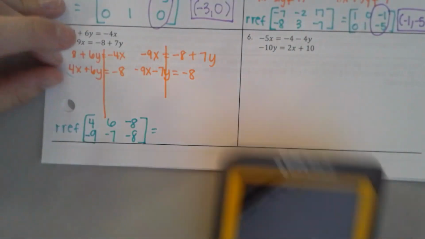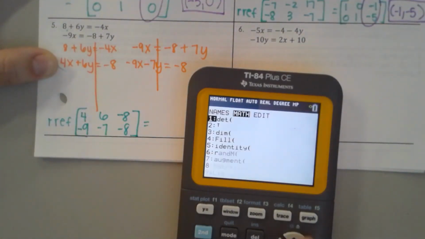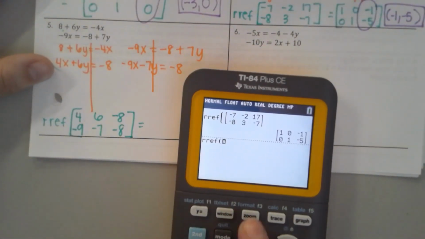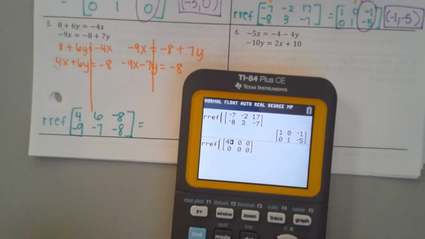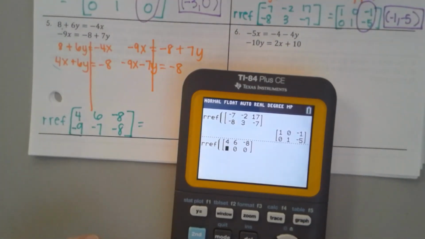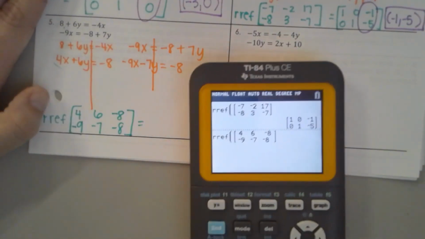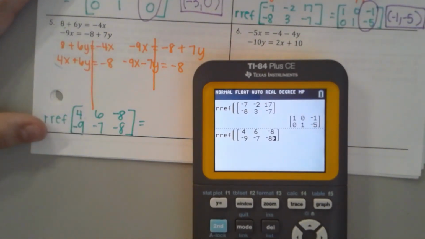And type that into your calculator. Is the first 4 always gonna be like 1, 0, 0, 1? Yes. If it's not, you probably did something wrong. If you get some really crazy numbers, go check.